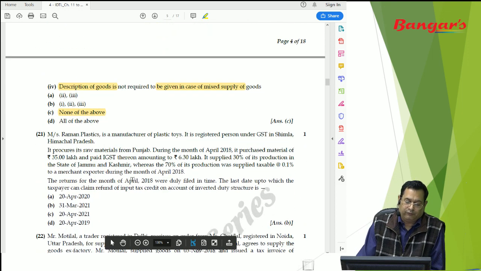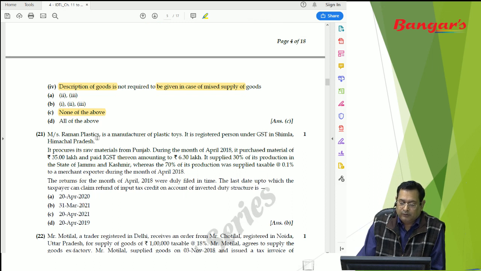Then question number 21 is dealing with what? Mr. Raman Plastics, a manufacturer of plastic toys, is registered under GST in Shimla, Himachal Pradesh. It procures materials from Punjab. During the month of April 18, it purchased materials worth 35 lakhs and paid IGST amounting to 6,30,000. 30% of its production was in the state of Jammu and Kashmir, while 70% of its production was supplied, taxable at the rate of 0.1%, to a merchant manufacturer exporter during the month of April 18.